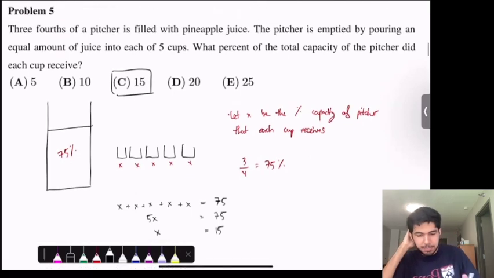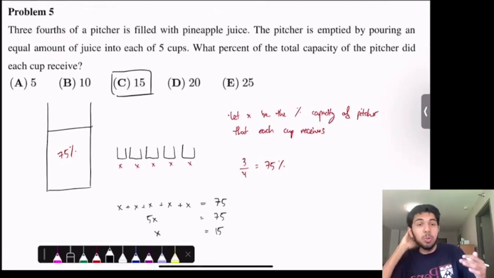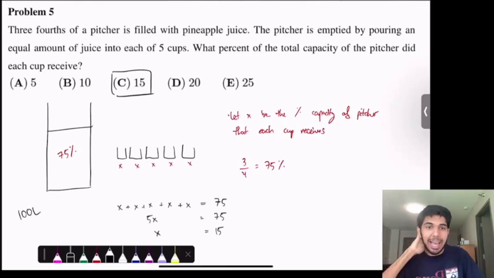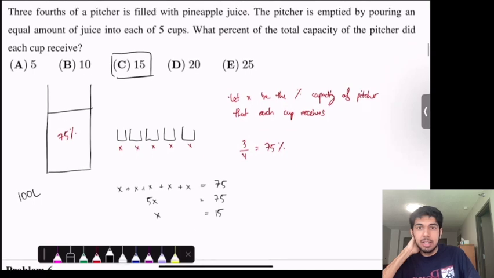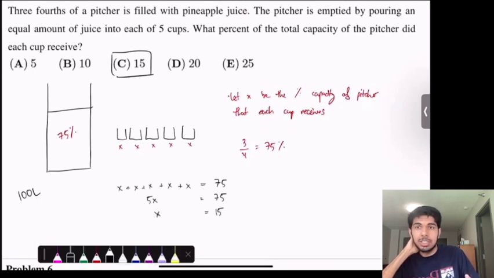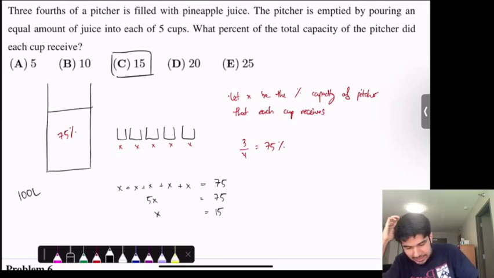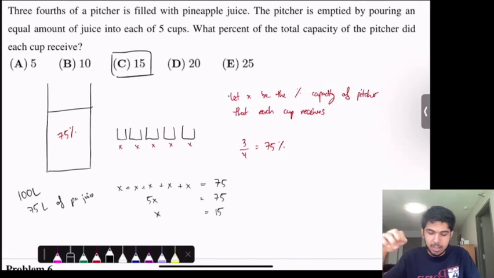Let's say that the pitcher can only hold 100 liters. That's the capacity of the pitcher. If the pitcher is 3/4 filled with pineapple juice, then 3/4 of 100 liters is 75 liters of pineapple juice. And then again, we want to split this 75 liters into 5 cups.